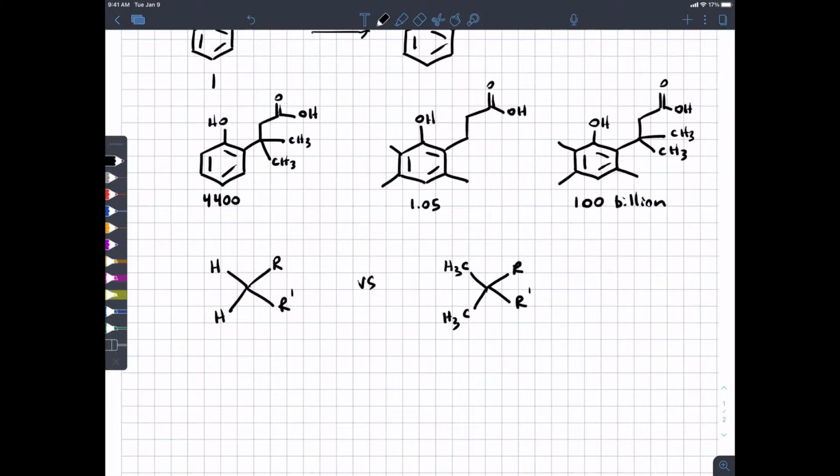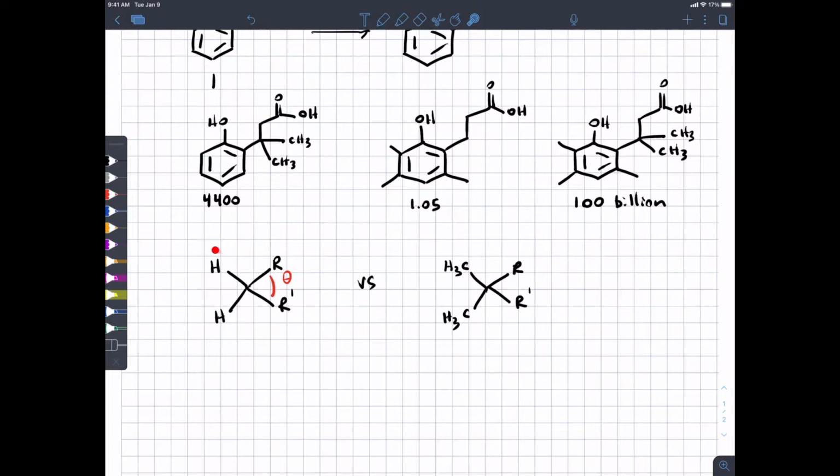Who knows what the bond angle here will be. It will be affected somewhat by the fact that you've got two R groups here and two hydrogens here, so it may be somewhat larger than 109 degrees, maybe just because of sterics.